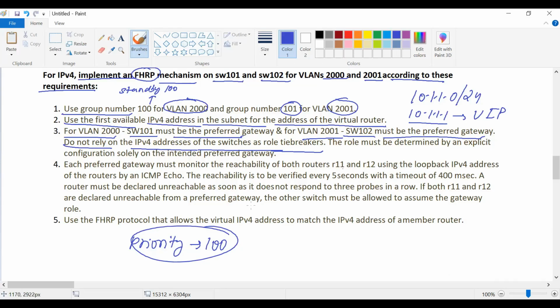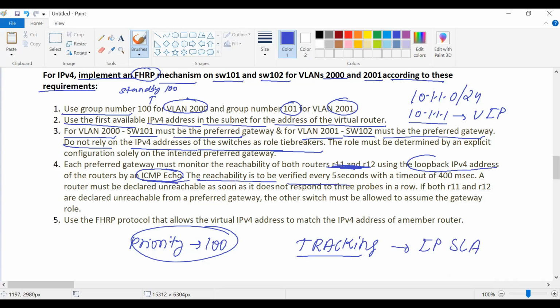That's why it is asking you to monitor R11 and R12 using the loopback IP version 4 address configured on the routers by sending an ICMP echo. This is known as tracking, right? Yes. And this time you have to configure IP SLA here. The reachability is to be verified every 5 seconds.